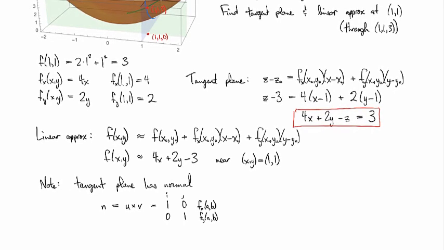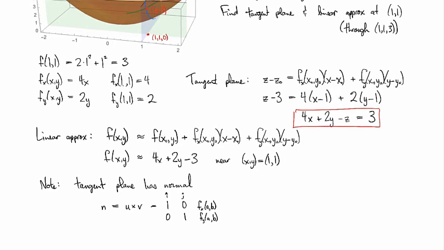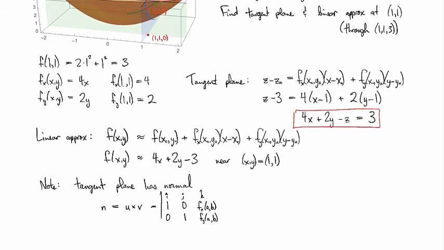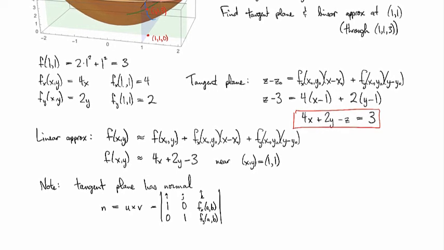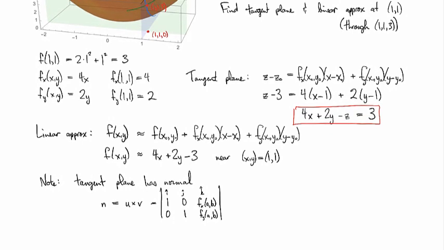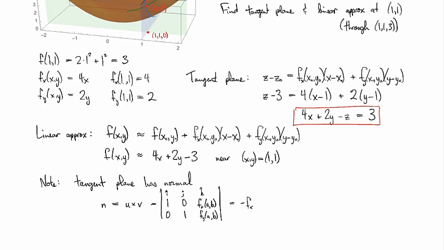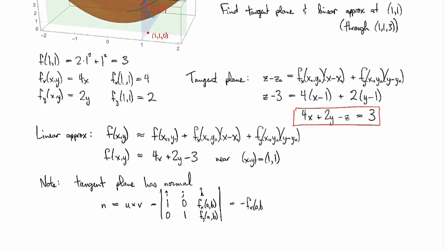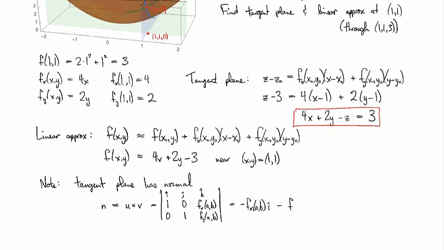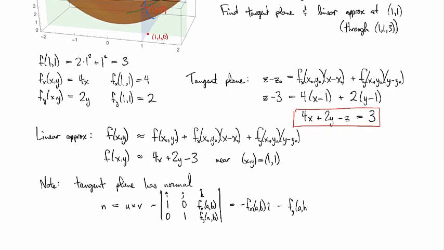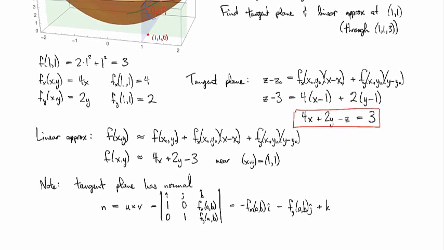This is i, j, k. And so we work that cross product, and we get minus fx(a, b) i hat and minus fy(a, b) j hat plus k.